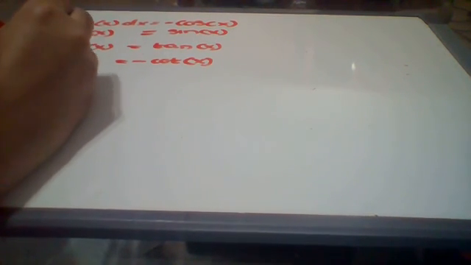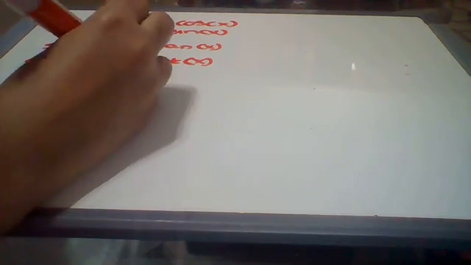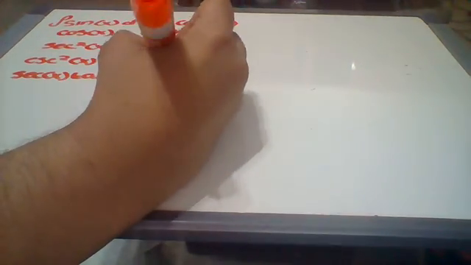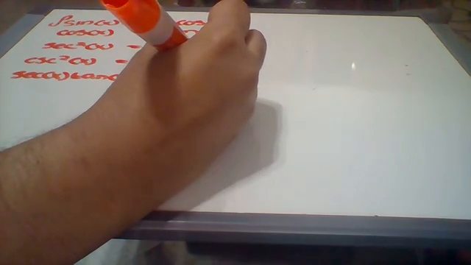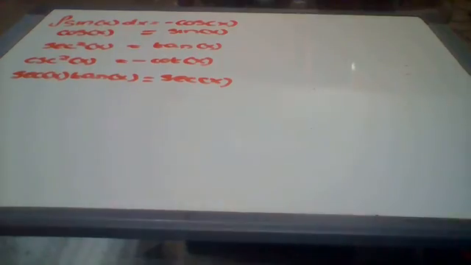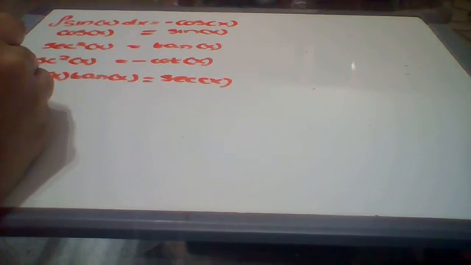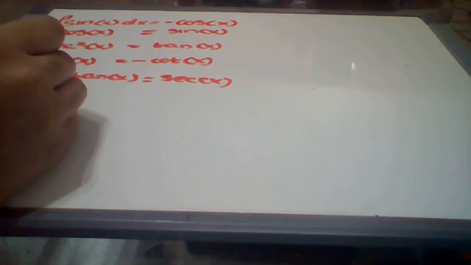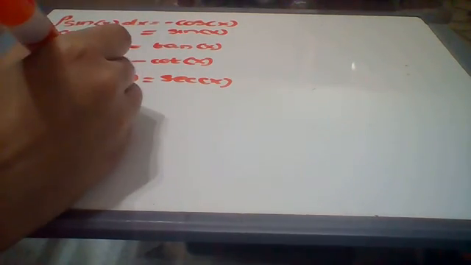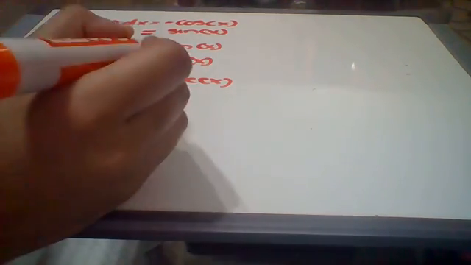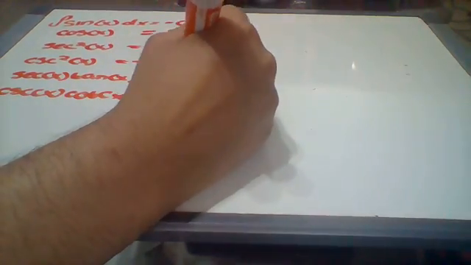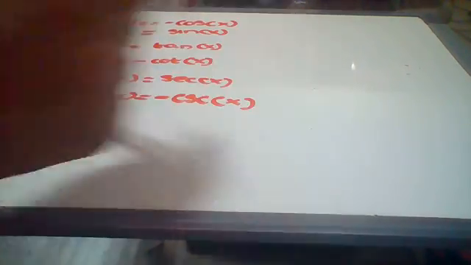So the antiderivative of secant of x tangent of x is secant of x, and the antiderivative of cosecant of x cotangent of x is negative cosecant of x.